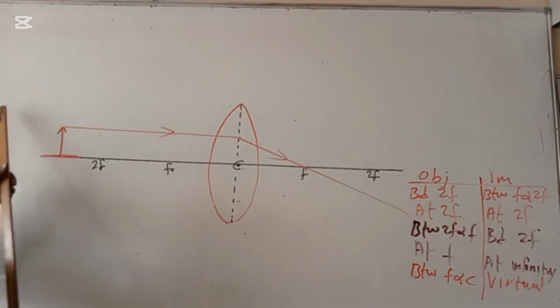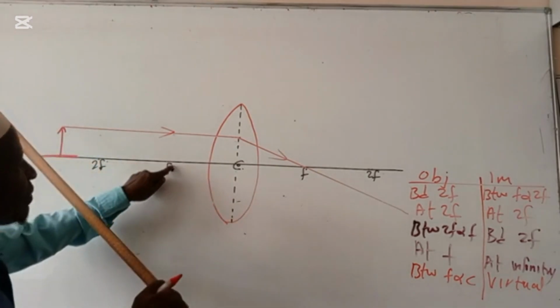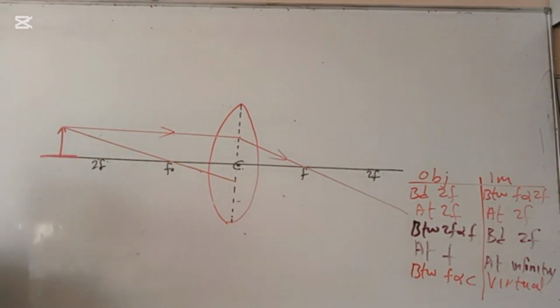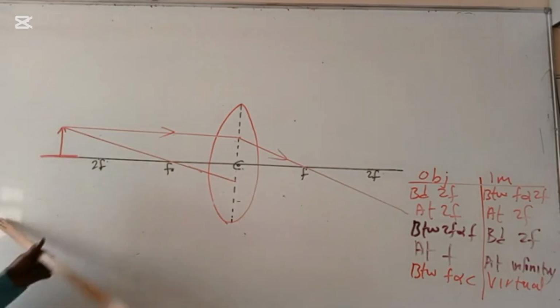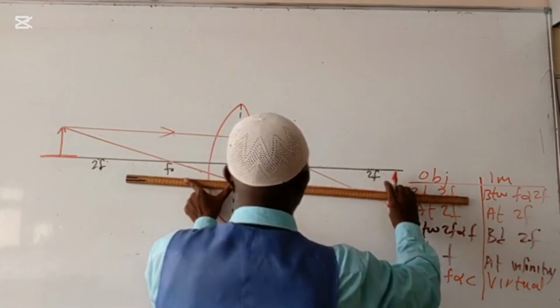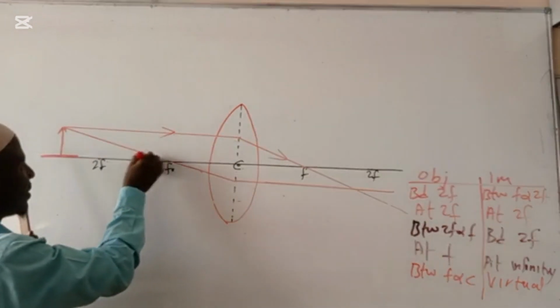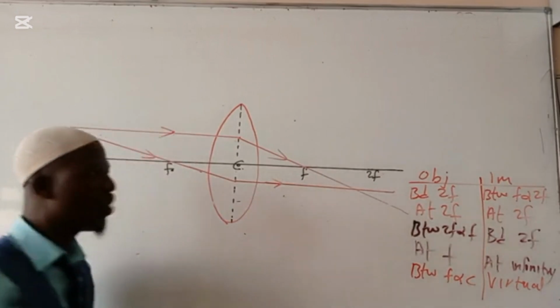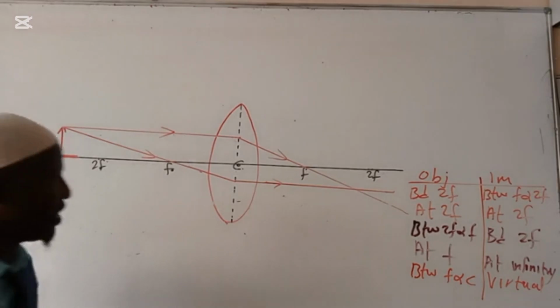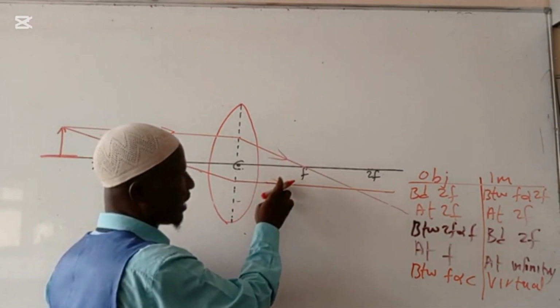Or I decide to use a ray through the principal focus, a ray through here. Then it will refract parallel and close to the principal axis. Can you see? This is refracted. Where the image will fall is where the two refracted rays meet. This is a refracted ray, this is another one.